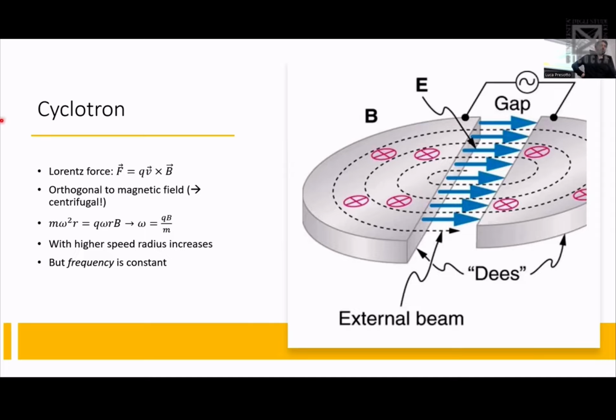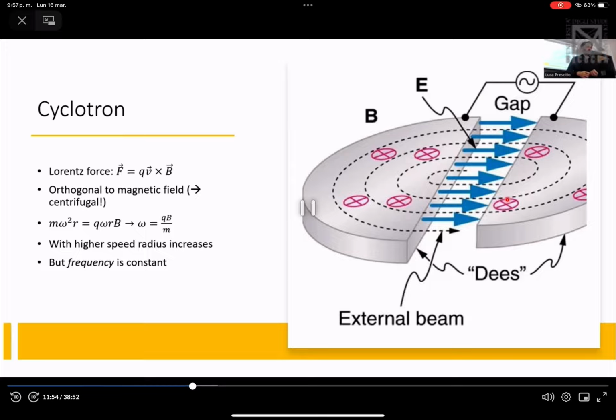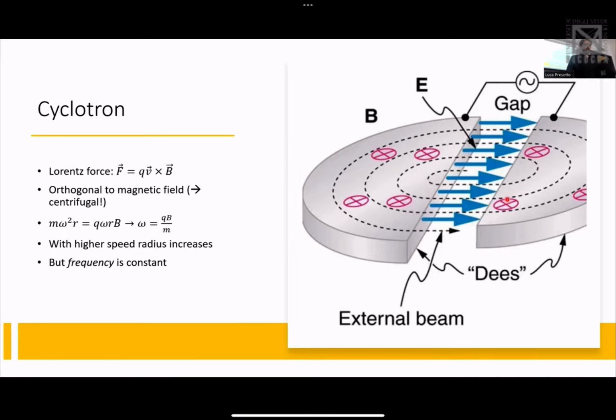So if you put two so-called Ds, that keep on changing electrical polarity with the same frequency, every time the particle goes from this half circle to this other half circle, it will be kicked and accelerated, even very slightly, but one turn after the other, you will get higher radius, but very high speed.